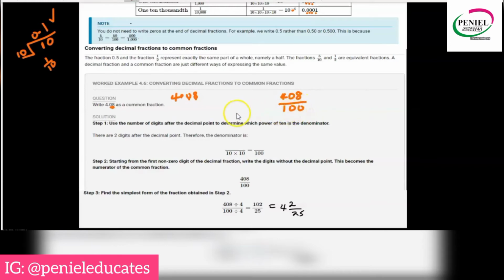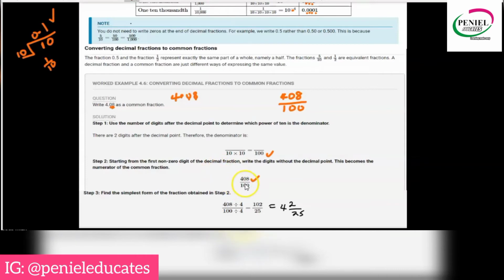So what we are saying is, like what we did here, this is 100, which is 10 multiplied by 10, because we have 2 digits after the decimal point. Now you need to start the first number from the non-zero digits of the decimal fraction.